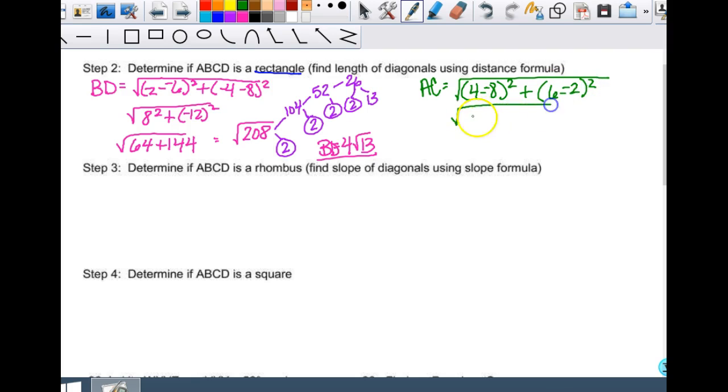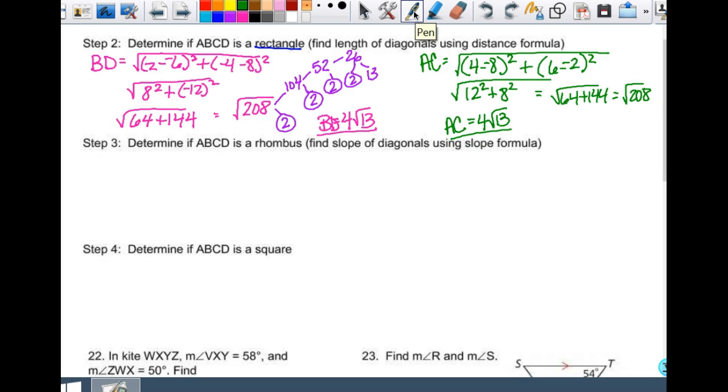So this is the square root of 12 squared plus 8 squared, which is the square root of 64 plus 144, which is the square root of 208, which we don't have to worry about doing anything crazy with again. The length of AC is 4 square root of 13. That's what we know.